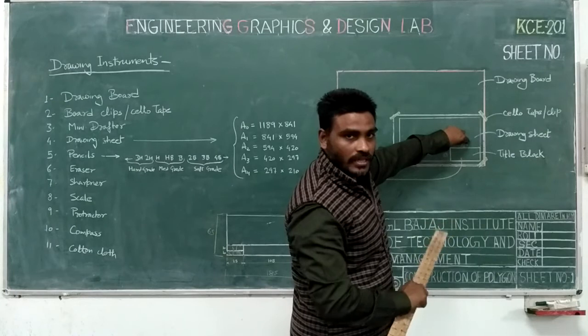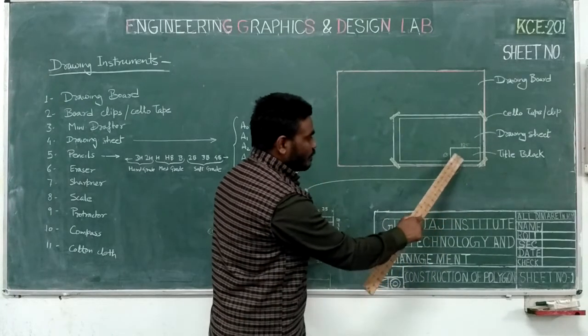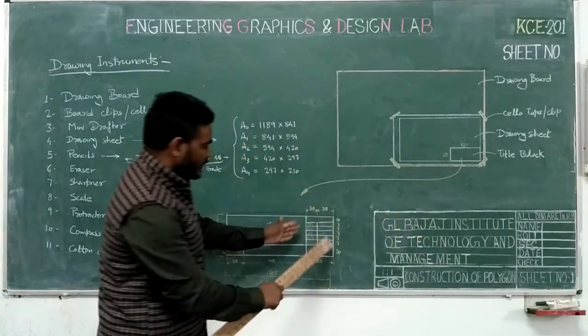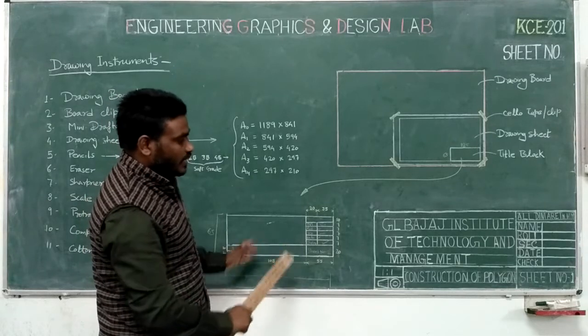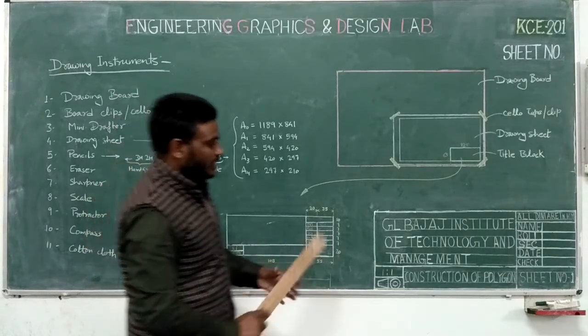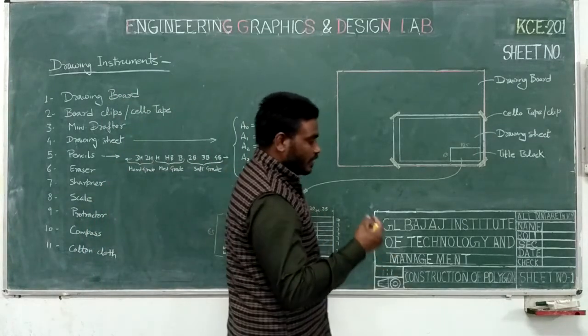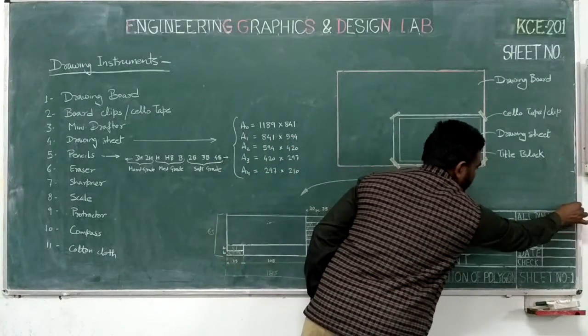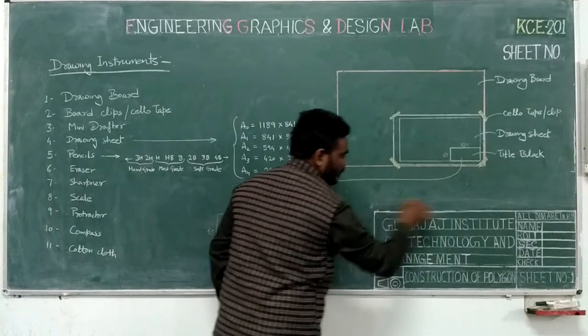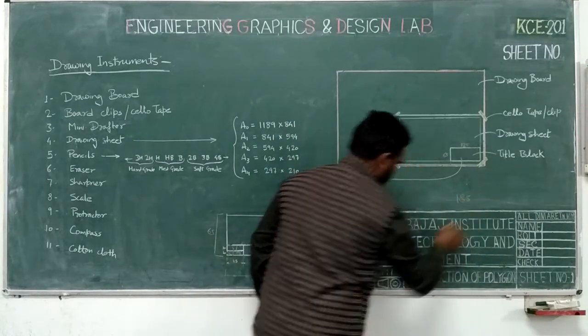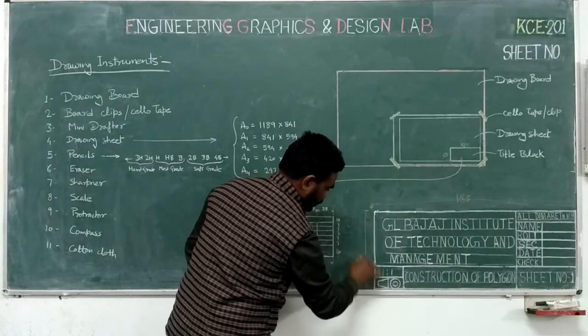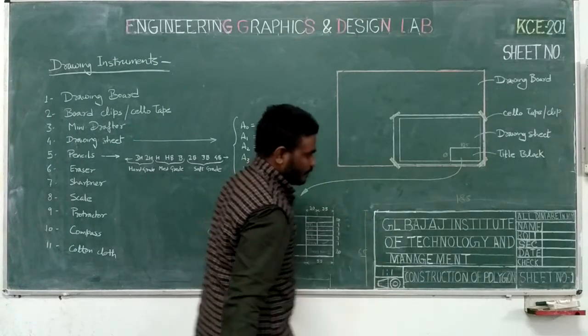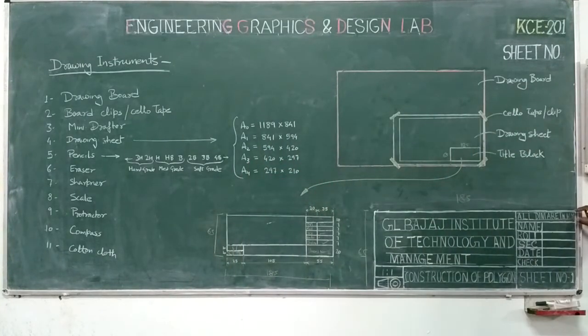After doing all these things, we have to further divide these blocks into these dimensions, and accordingly we have to mention the things. If you want a clear view, you can see here. This is total 185. This is total 65. This is 10 mm.